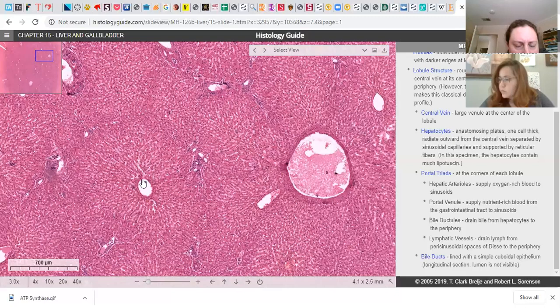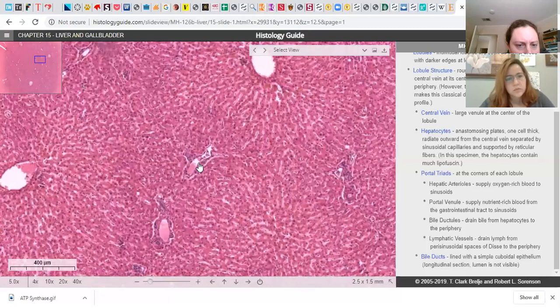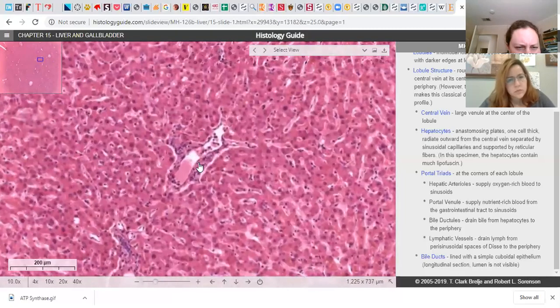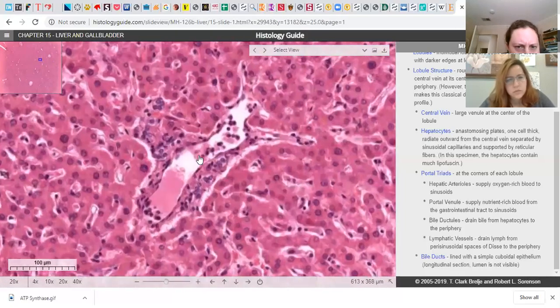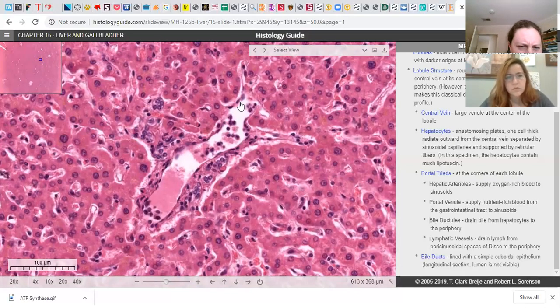So central vein, and there should ideally be 6 of them, but they don't always show up. Like here's another triad, but it's at a weird angle because we caught a longitudinal cut of, I think that's the vein.